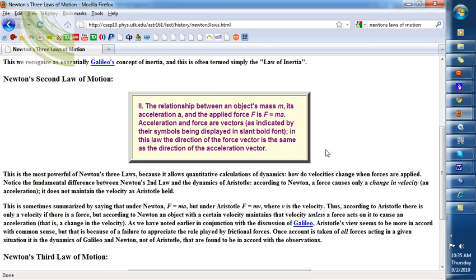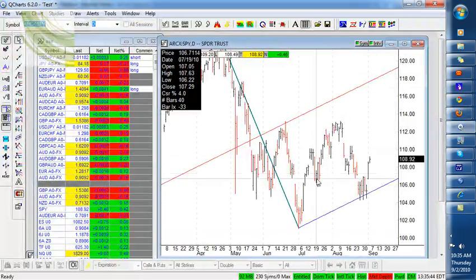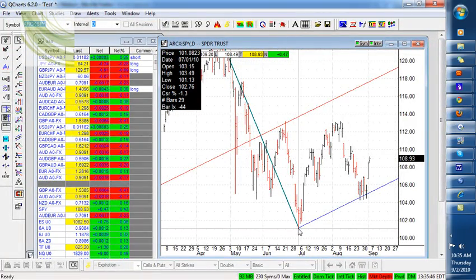A better example of that would be the runner, the guy who hits the ball and starts running to first base. If he has a nice smooth surface to run on, he'll probably get to first base faster than if he's got a whole bunch of obstacles in the way that he needs to get around. That may sound a little hokey, but let's say here's the runner, he starts here, and there are little obstacles along the way.